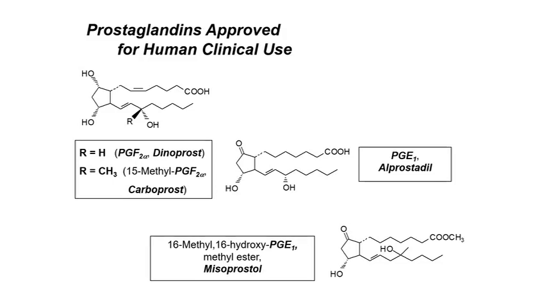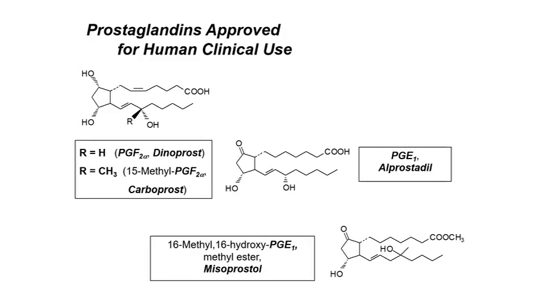Have a look at this ester prostaglandin, whose carboxylic function is esterified with methyl alcohol. This is an E type, and its OH is not present at the 15th position. It is present at its 16th position, also neighbored by a methyl function. This is misoprostol, a methyl ester. So we can deduce that this final structure, misoprostol, is not an active prostaglandin.